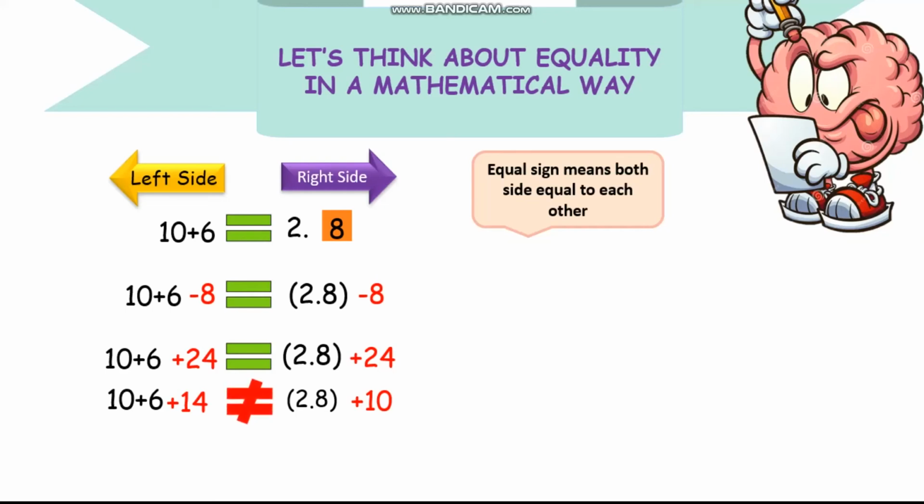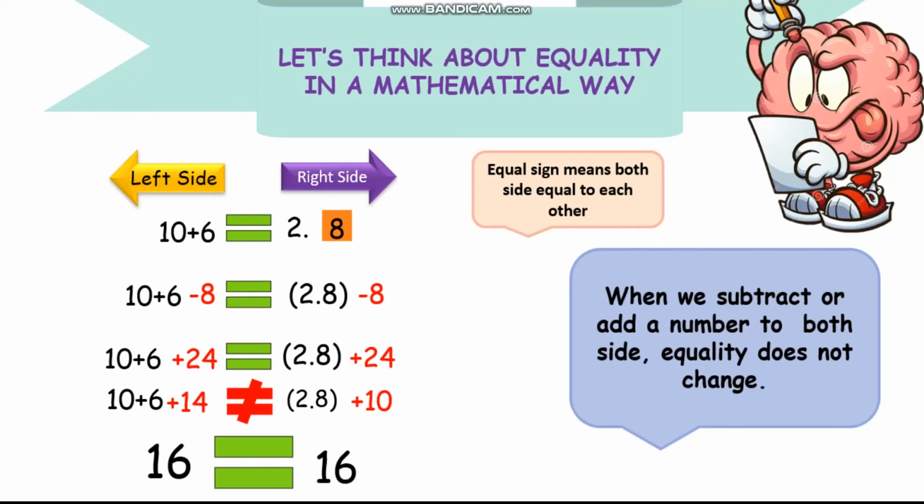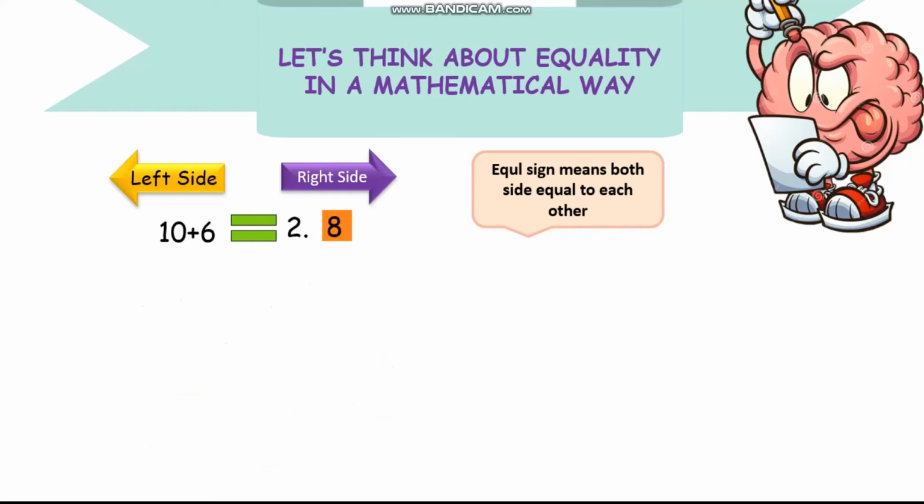So these are not equal to each other. But in the other examples we can see that 16 equals 16. So what can we say? We can say when we subtract or add a number to both sides, equality does not change.